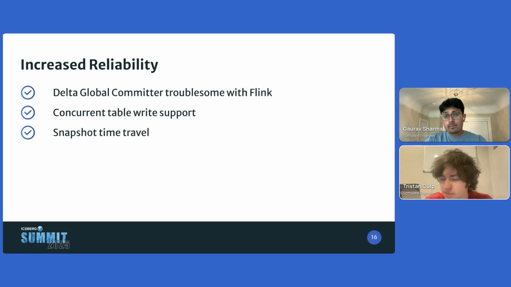And we have some items listed here that I'll talk about. Like Gaurav mentioned earlier in the presentation, we tried adopting Delta with Flink originally, right? But Delta has this concept of a global committer. And at the time with Flink, this solution was not really working for us.